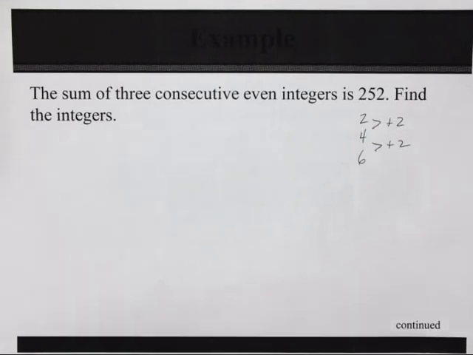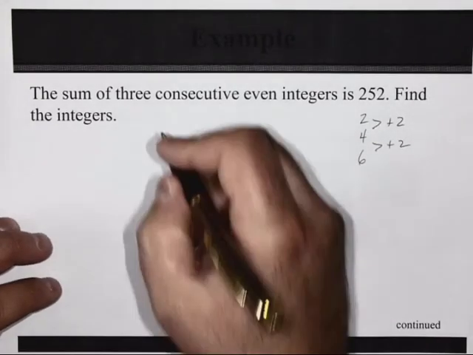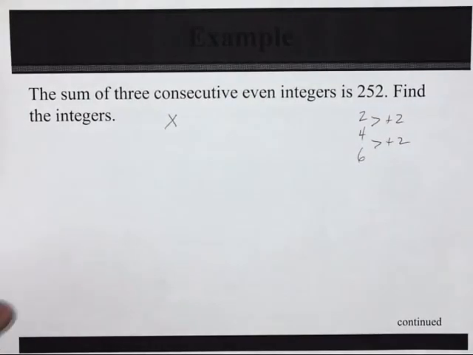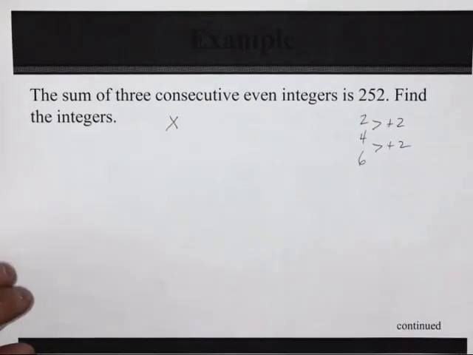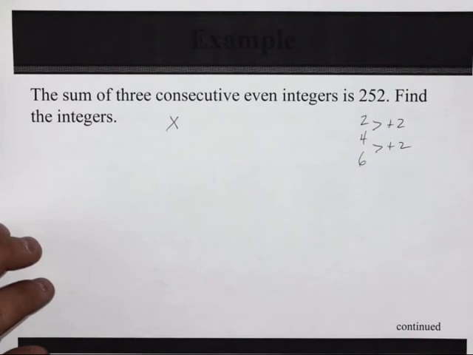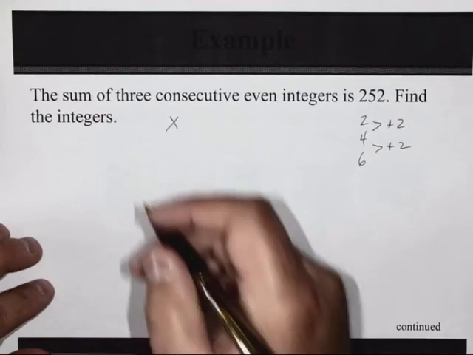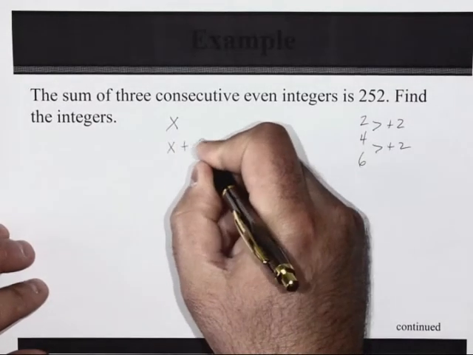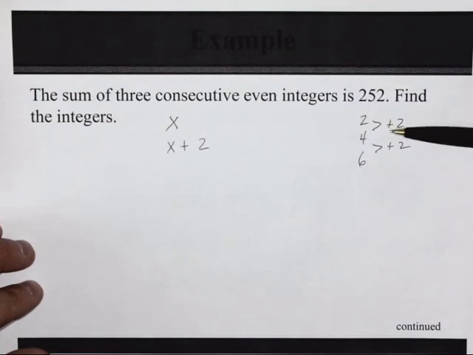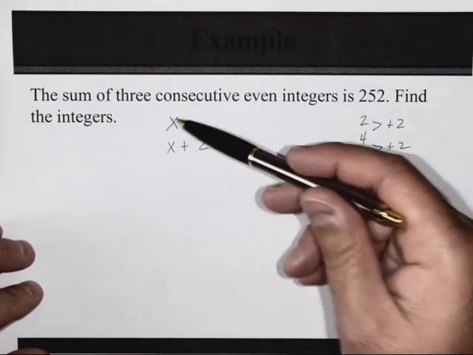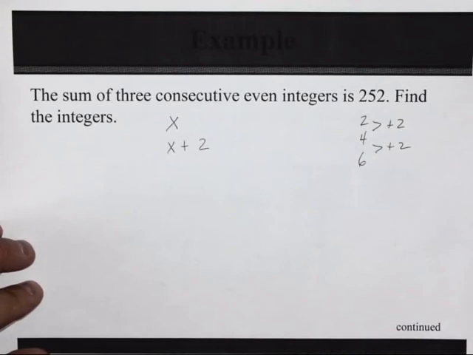Okay, so what I do is I say the first number is x. It's unknown, right? I don't know what that first number in the 3 consecutive even integer sequence is. Okay, so it's x. I do know that the next number is x plus 2, right? Because we just said that even numbers go up by 2. So if I add 2 to the previous number in the list, I'll get the next number.